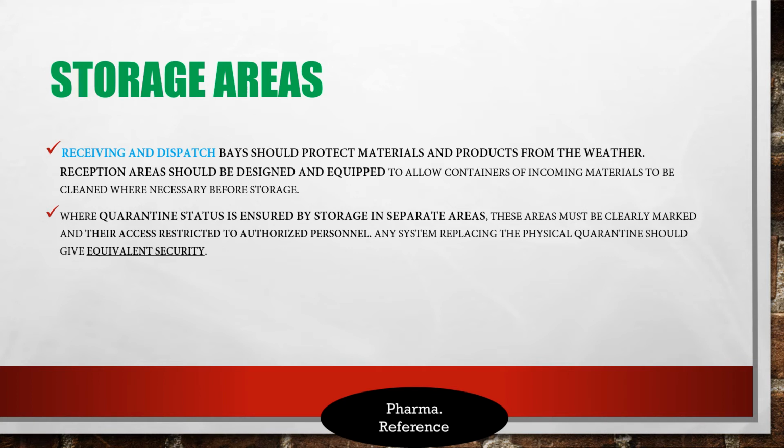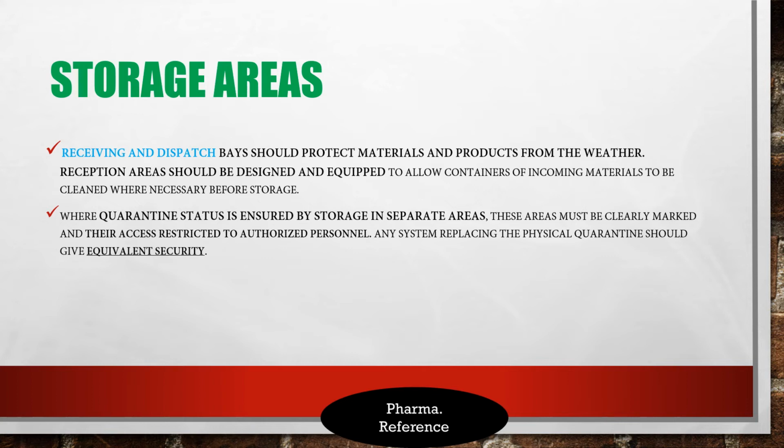Storage area. Receiving and dispatch bays should protect materials and products from the weather. Reception area should be designed and equipped to allow a container of incoming materials to be cleaned where necessary before storage.